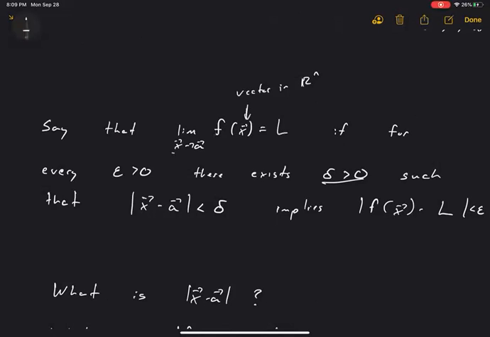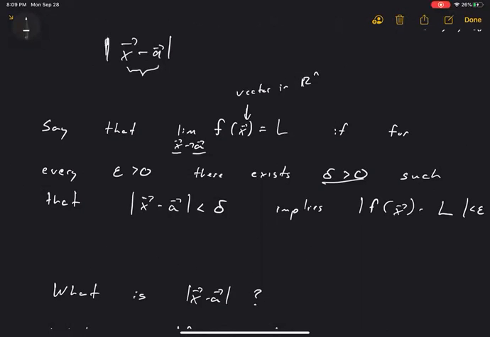We're saying this vector x approaches this vector a. What does that mean? It means if I do the vector subtraction, I can subtract two vectors. So if I take this x vector minus the a vector, that gives me a third vector, this new vector.